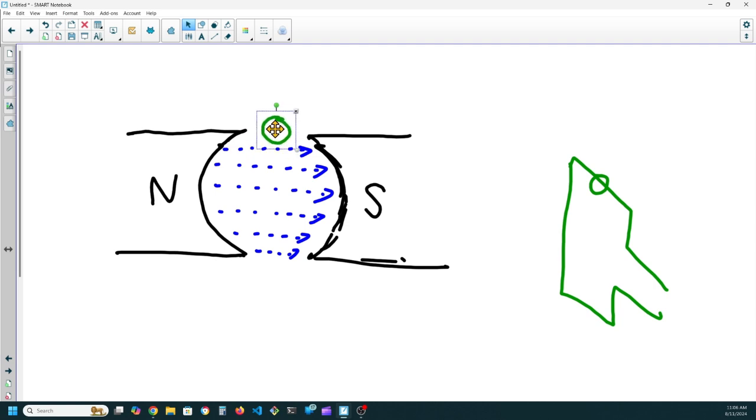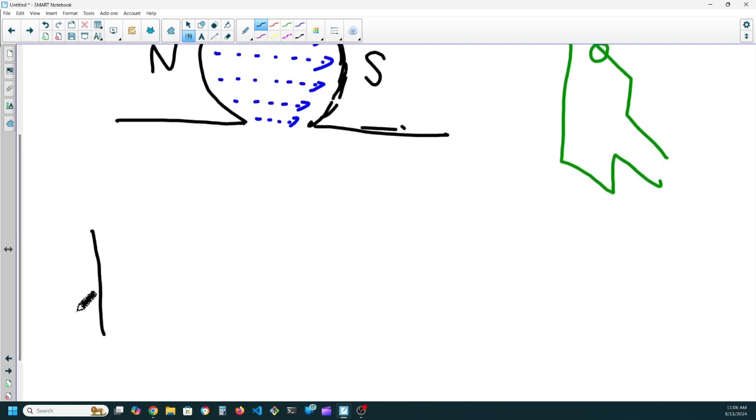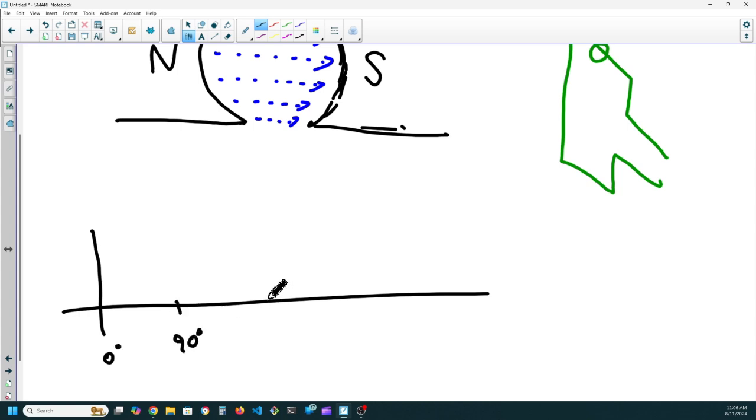And at first, I am running parallel with the lines of magnetic flux. So this is 0 degrees, and this is 90 degrees, and this is 180 degrees, and this is 270 degrees, and back over here is 360. That's an entire revolution.